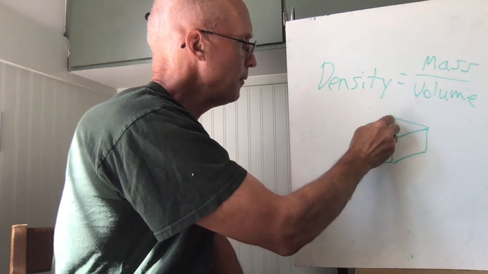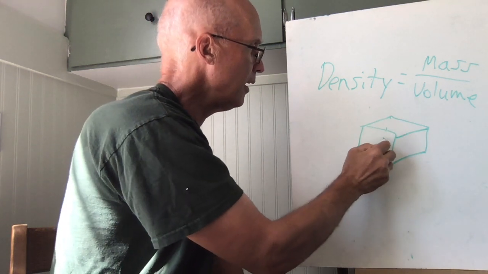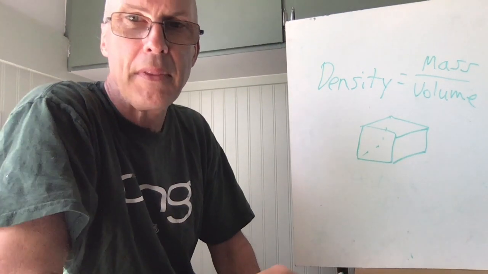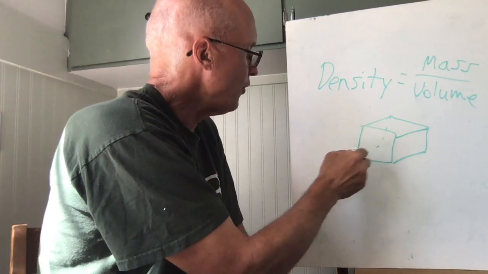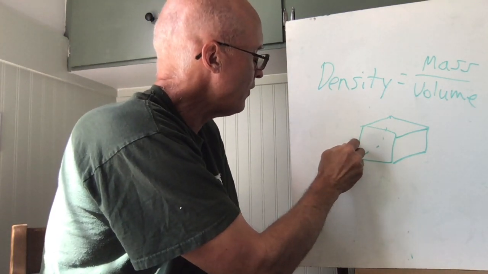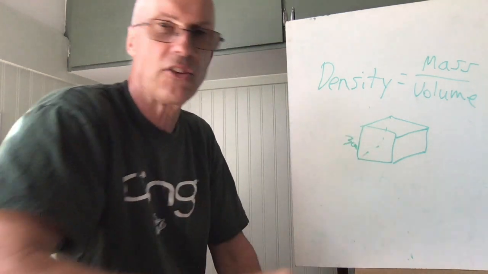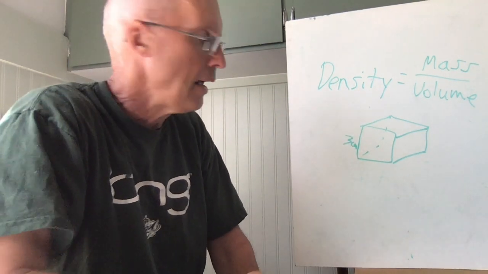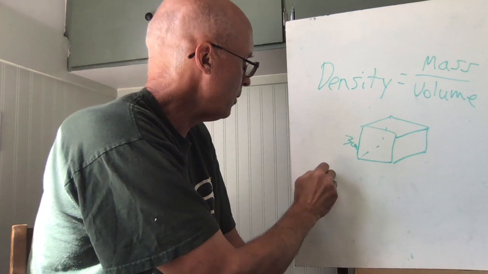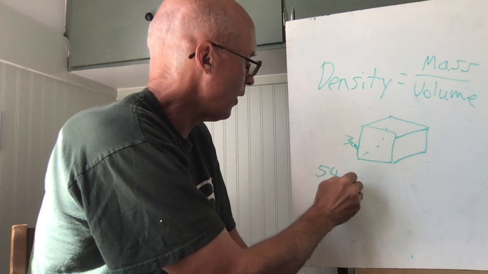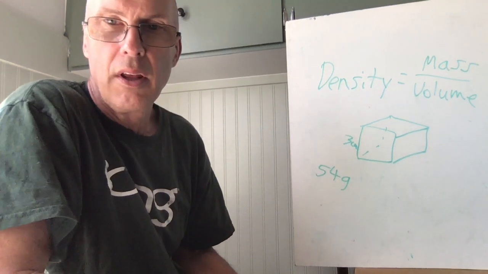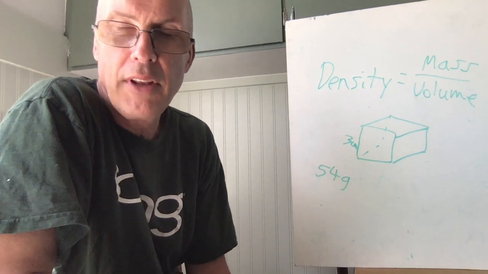You get the idea. Something like that. I don't know. And so this is a cube, and they say that the sides of the cube are 3 centimeters. Every side is 3 centimeters. And they say that the mass of this cube is, let's say, 54 grams. And then they would ask you to figure out the density, let's say.